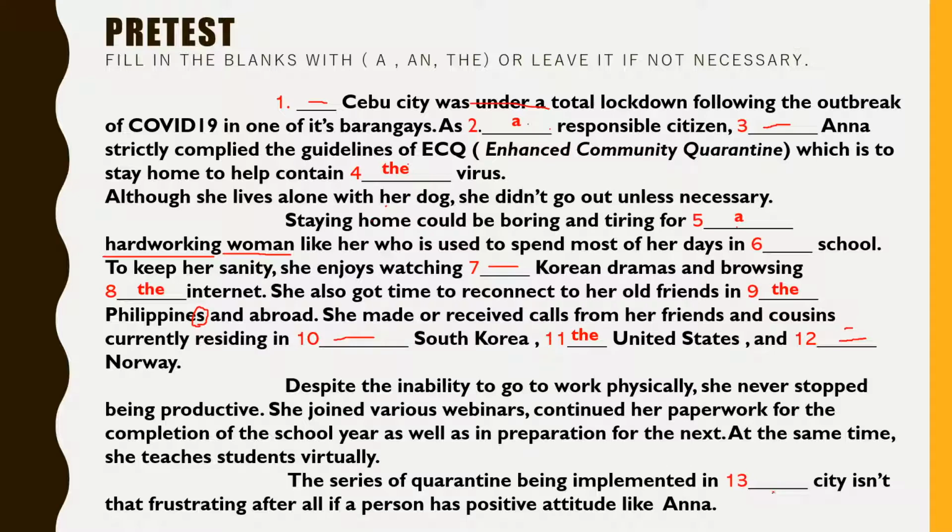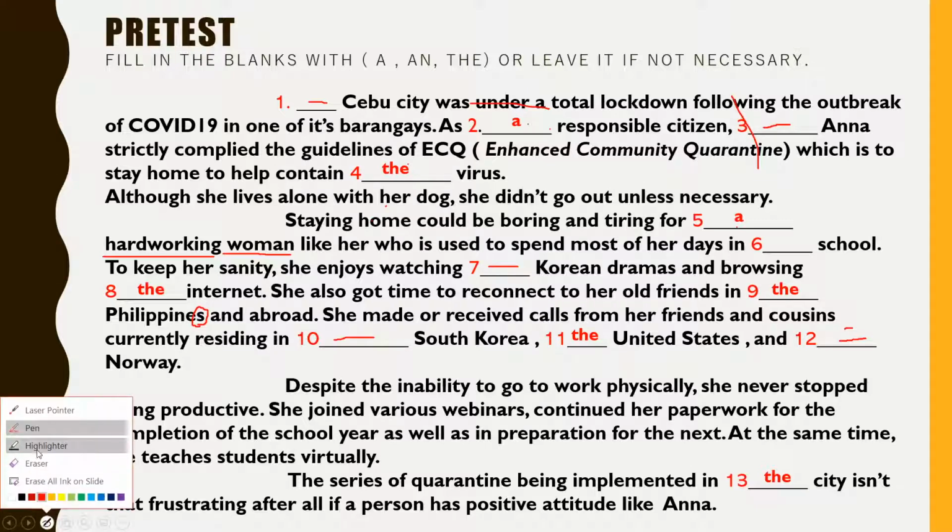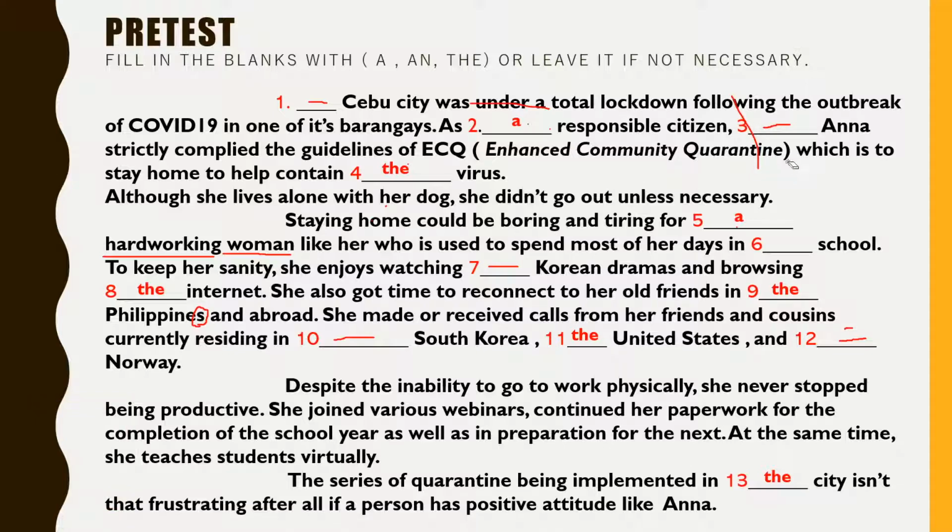Okay, number 13. It's the city. Why? The series of quarantine being implemented in the city isn't that frustrating after all if a person has a positive attitude. The city, because we're talking about it here. Why do we use the city here?